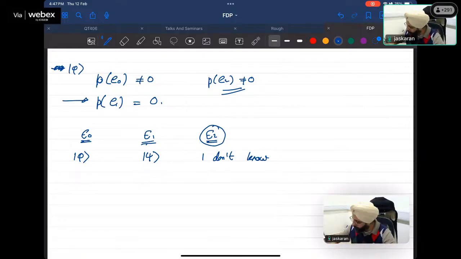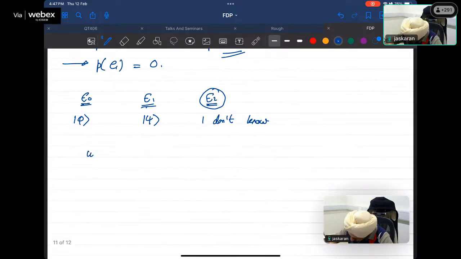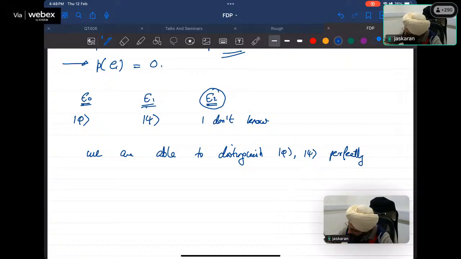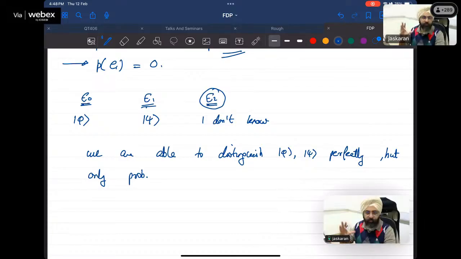So in this particular case, we are able to distinguish ket phi and ket psi perfectly, but only with some probability. Whenever we get the outcome E2, we will not know whether the state was psi or phi, but whenever the other two outcomes click, we will definitely know what the state was.